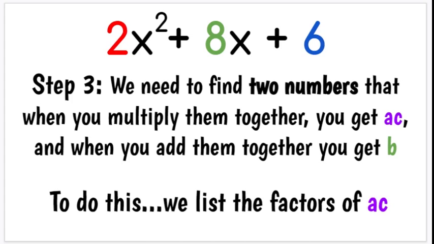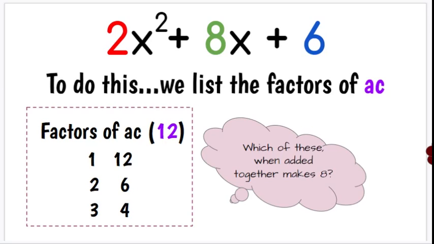To do this, the easiest way is to list the factors of whatever AC is. So in this case, we're listing the factors of AC, which are the factors of 12. The factors of 12 being 1 and 12, 2 and 6, 3 and 4.